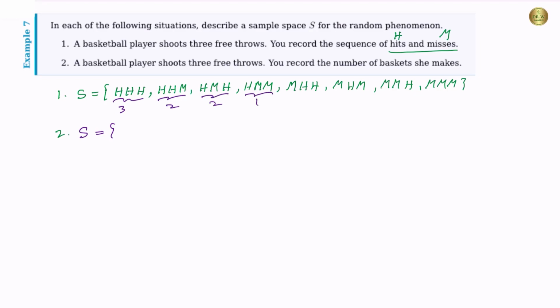Here 1. Here 2. 1. 1. Here no hits, therefore I use 0. Then what are the elements of S? You see 0, 1, 2, 3. Therefore, we write 0, 1, 2, 3. That is the sample space for the second one.